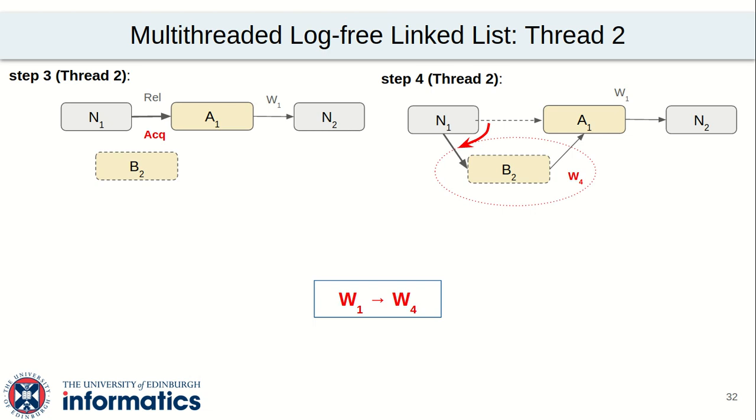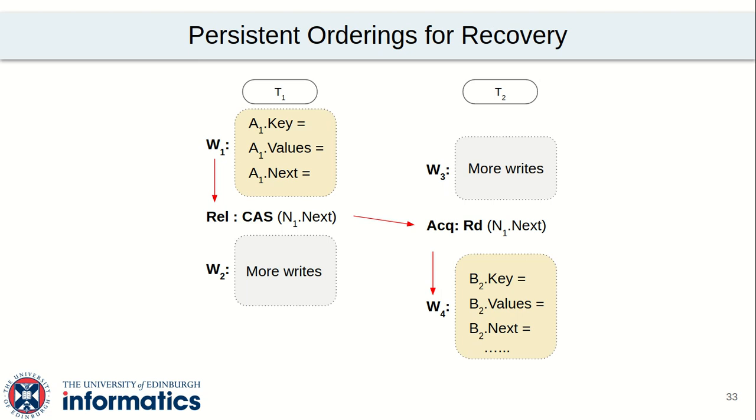Therefore, W1 must persist before W4. We now show the instructions from the two threads T1 and T2. To summarize, we have established that W1 must persist before the release. Furthermore, W1 must persist before W4.